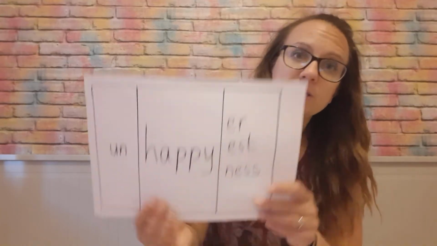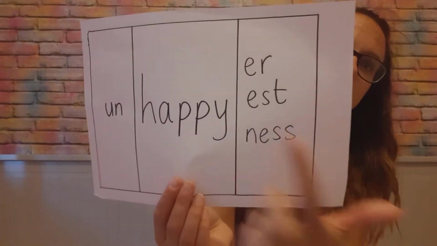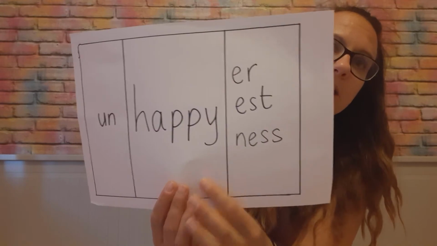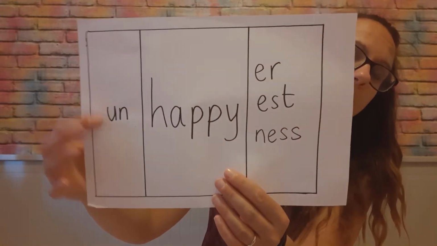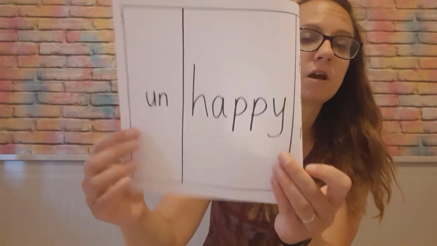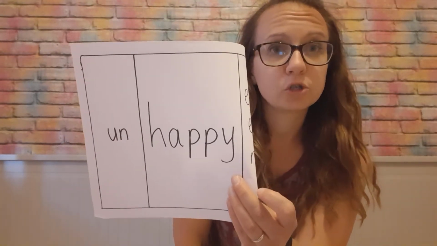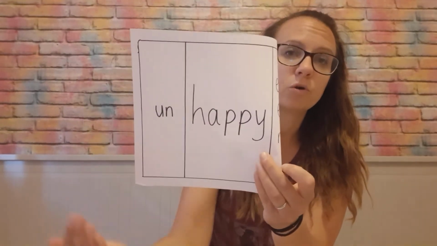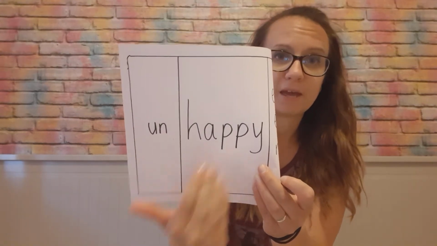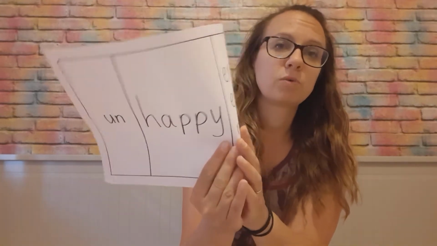So I'm going to show you the morpheme grid, and you can see that we have got some different endings here, okay? And we've even got un here, because we could have the word unhappy, and un means not. So you could have happy, or you can have unhappy. Okay, so that's one of the words you could do.